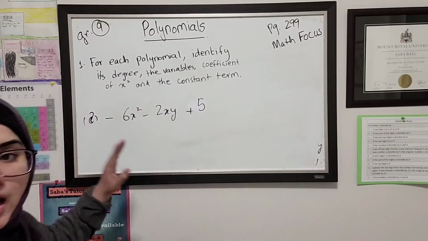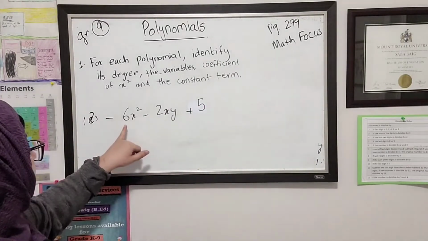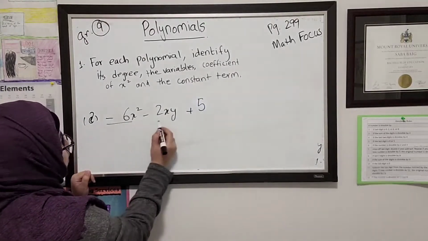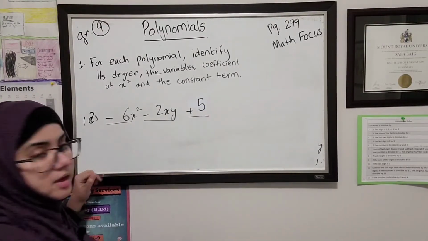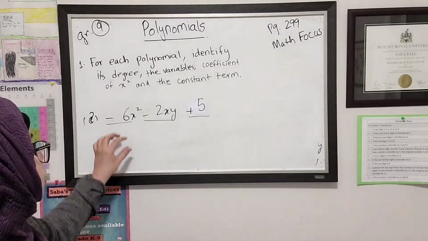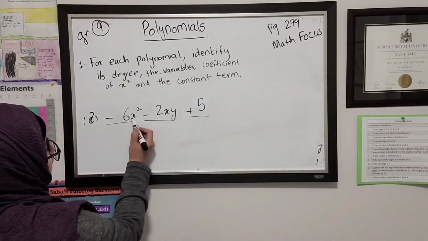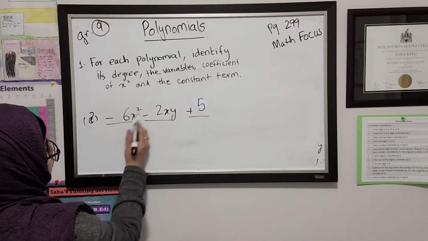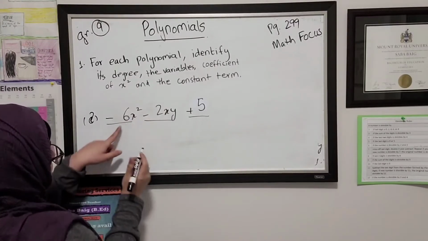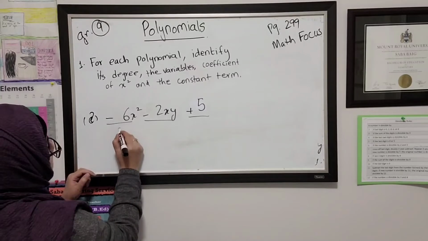First, how many terms do we have? We have 3 terms. One term is this, one is this, and this is the third term. Now we have to find the degree of each term individually. Since the first has only x, one variable with exponent 2, the degree of this term is 2.